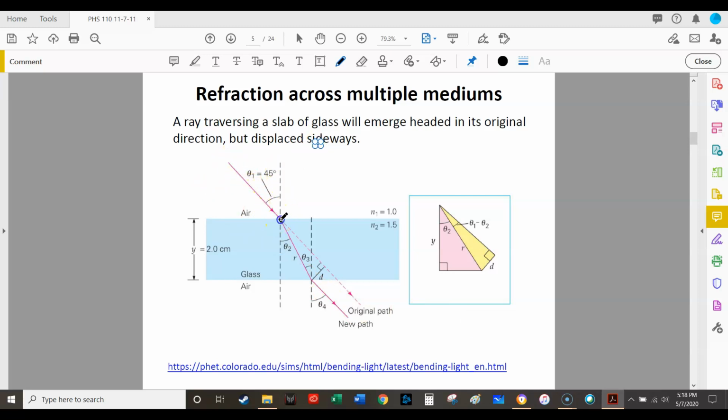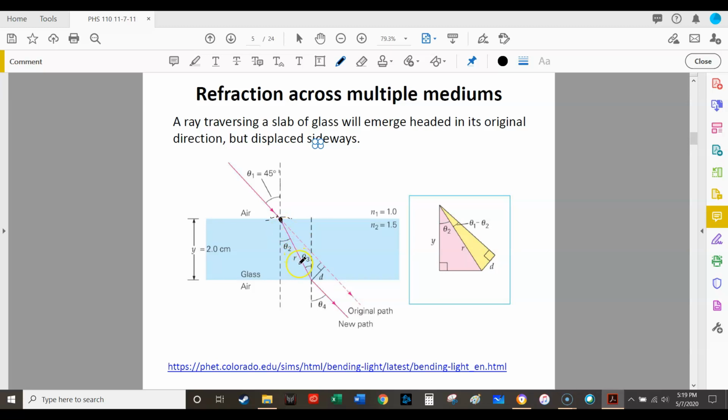Where it hits that interface, you're going to draw a normal, which is perpendicular to that interface. The interface is going to be horizontal. The normal is going to be vertical, and it's a 90-degree angle. Glass is more dense than air, so it's going to bend towards the normal. It's not going to continue along its straight line, which is this dotted line. It's going to bend towards normal because it's slowing down.